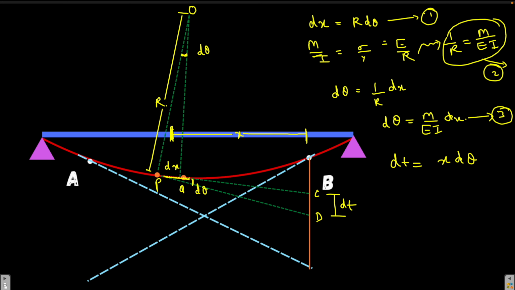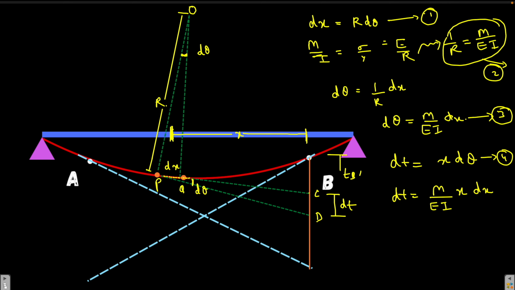So this distance in the green color, which you can see, is nearly equal to the x distance. So we can write dt is equal to x d theta. Let this be equation number 4. Now instead of d theta, let me put M by EI dx from equation number 3. So dt is equal to M by EI x dx, right?